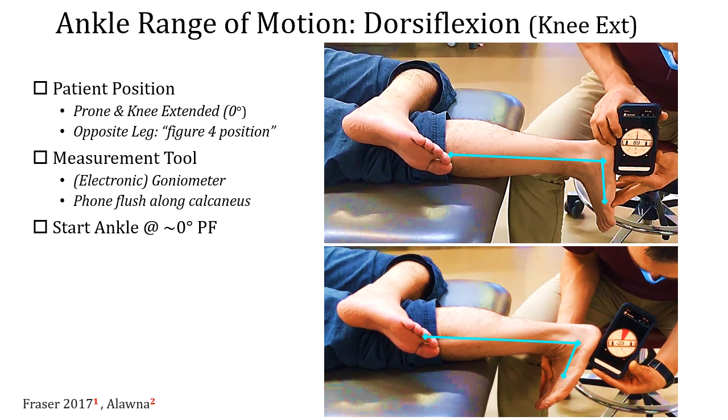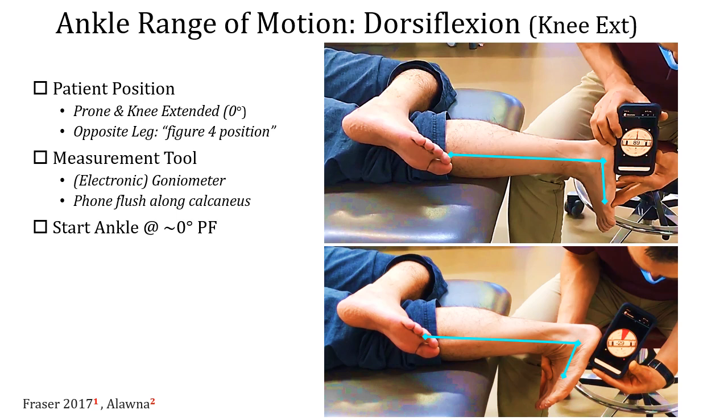And then with the measurement tool, as I mentioned, you want the phone flush along the calcaneus. It's important to differentiate between whether you're capturing forefoot plantar flexion or rear foot plantar flexion. Right now we are focused on the rear foot.